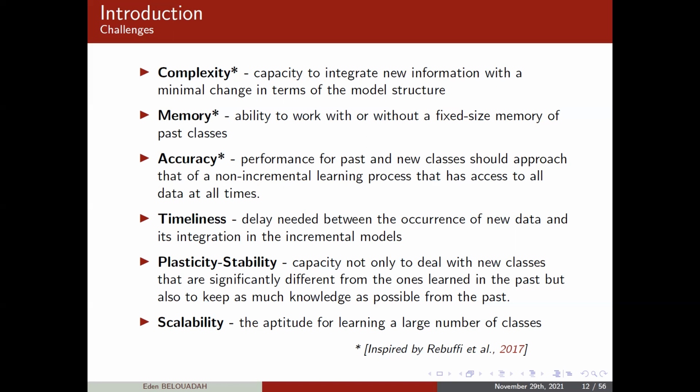For the accuracy, I think that the goal of all the methods is to approach the accuracy of joint training, in which we have all the data. I don't know if in the future there will be incremental learning that will be able to outperform joint training. I don't think so, but I will keep it open. For the timeliness, I don't think there is a minimum delay to be able to include the new data.